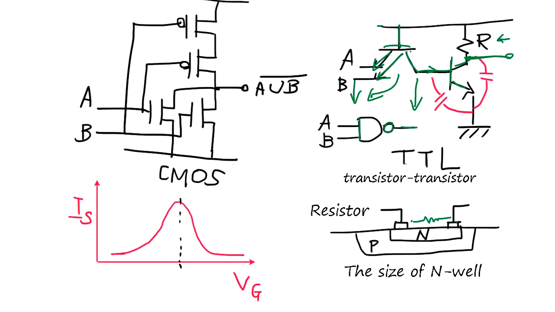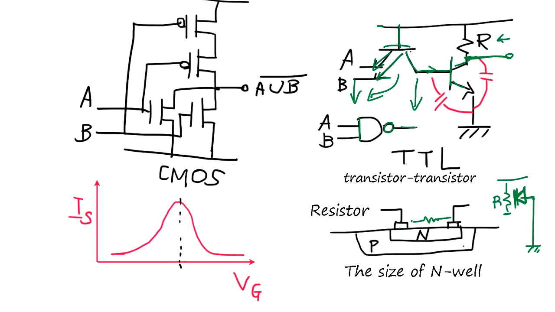So the resistor is higher voltage, this P well is going to be grounded, so it's like an opposite polarity diode. Okay, and this is R.